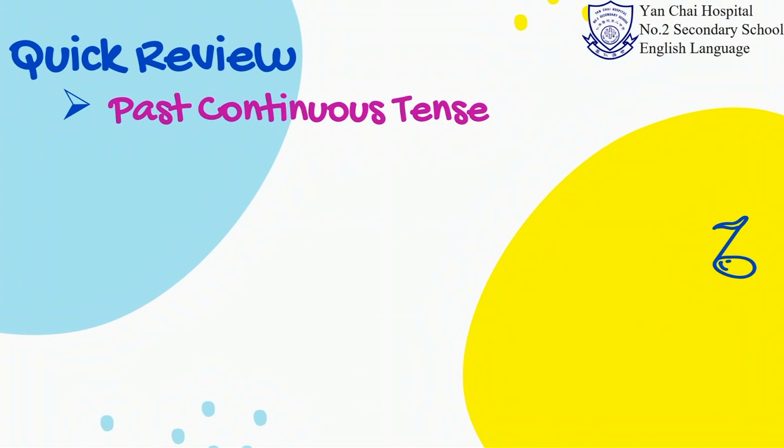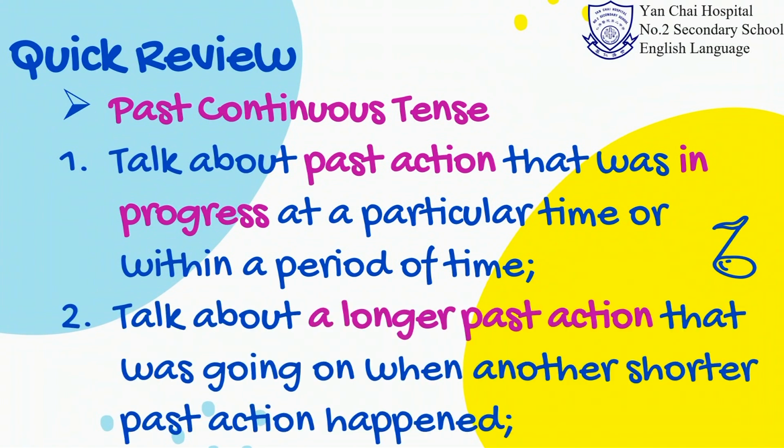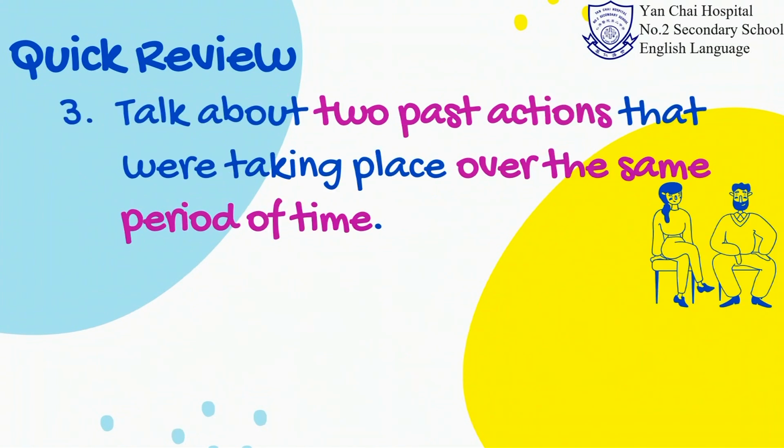We use past continuous tense to talk about past action that was in progress at a particular time or within a period of time, to talk about a longer past action that was going on when another shorter past action happened, and to talk about two past actions that were taking place over the same period of time.